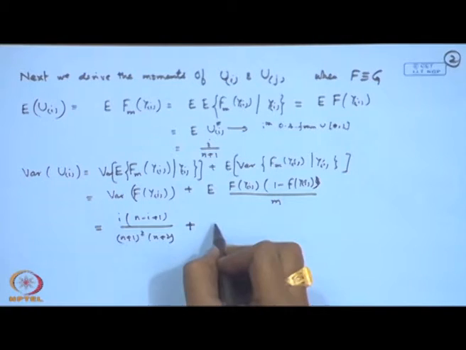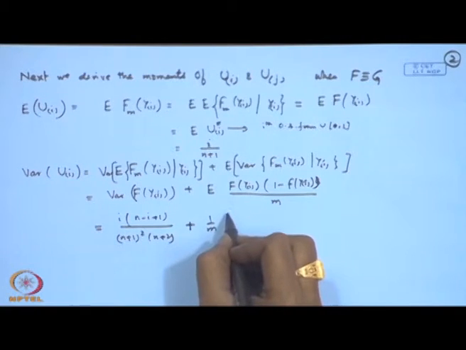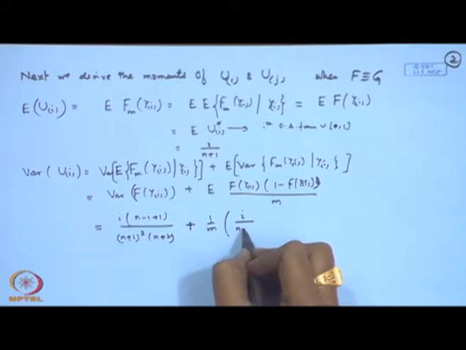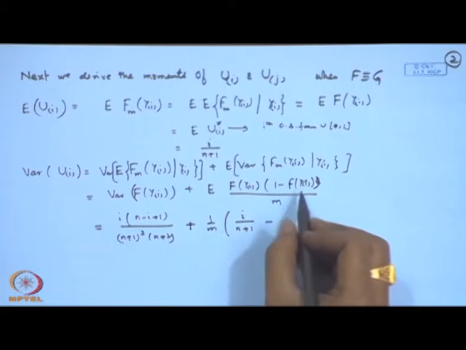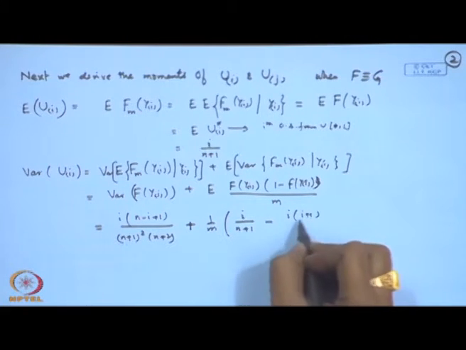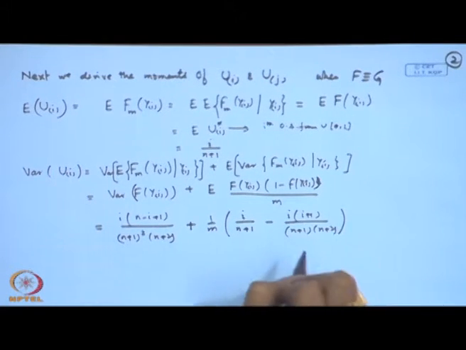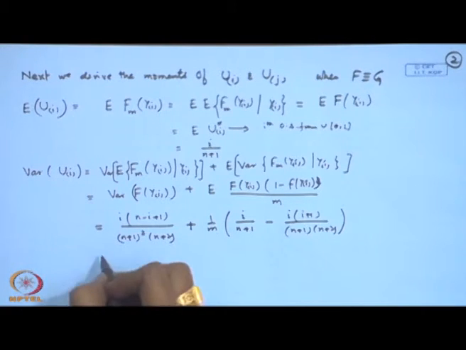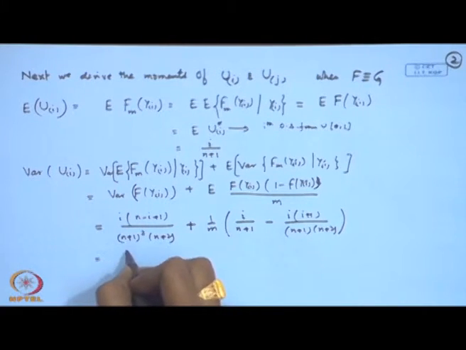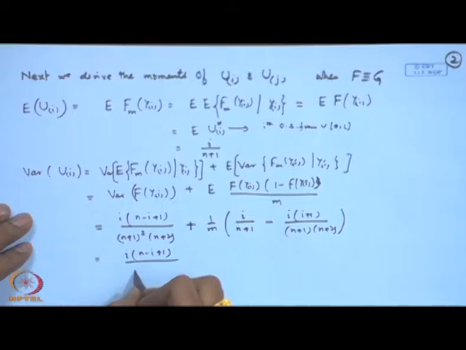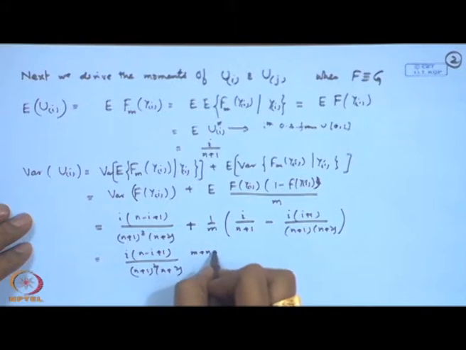In the second case, 1 by m we can keep outside, and this is becoming the expectation of F(Y_i), that is i by n plus 1, and then the second moment, that is i into i plus 1 divided by (n plus 1) into (n plus 2). Anyway, these terms can be simplified, and we get it as i into n minus i plus 1 divided by (n plus 1) square (n plus 2) times (m plus n plus 1) divided by m.